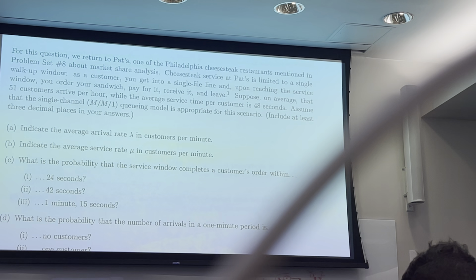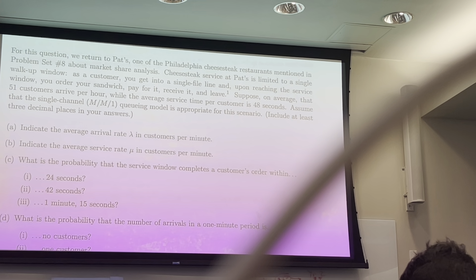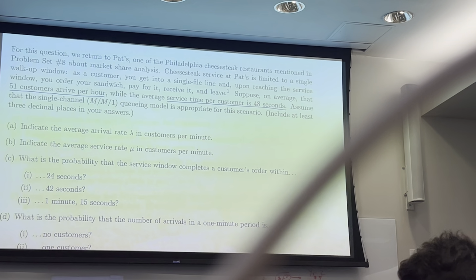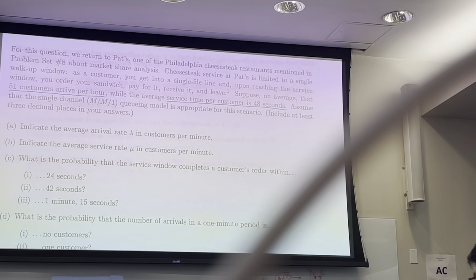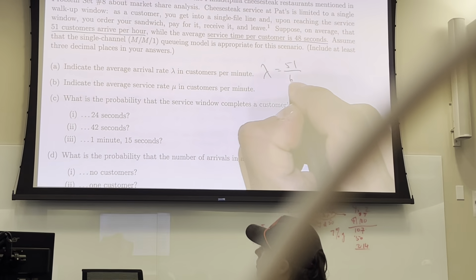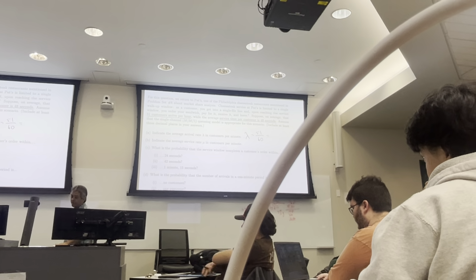All right, in this case, we are told that on average 51 customers arrive per hour, and the average service time per customer is 48 seconds. So if we want the arrival rate lambda in customers per minute, what do we do? 51 divided by 60. It's given in customers per hour.